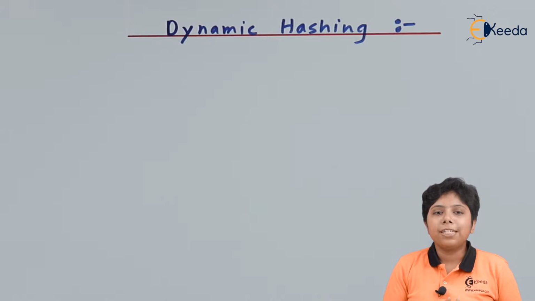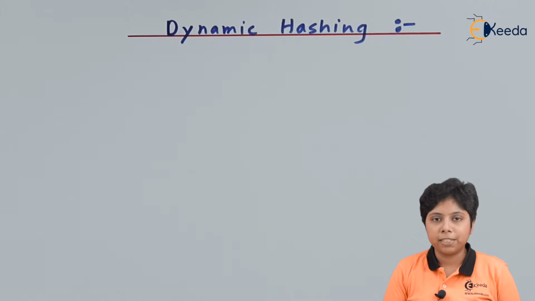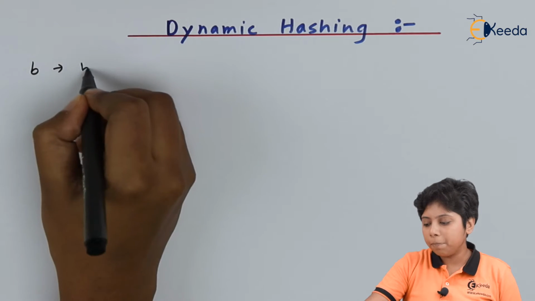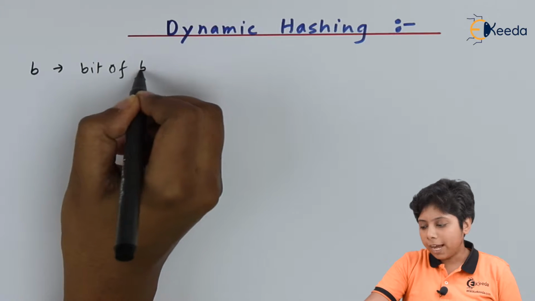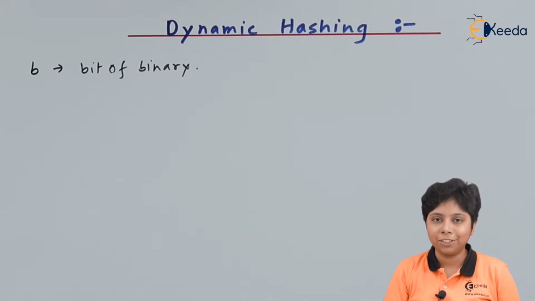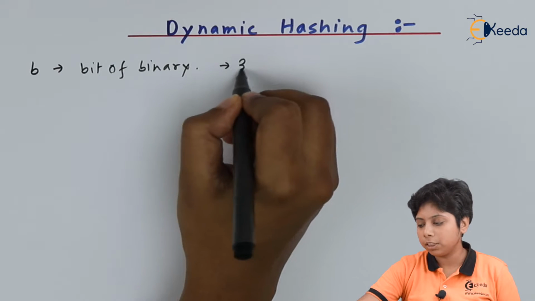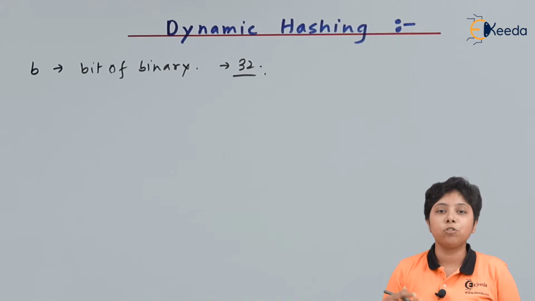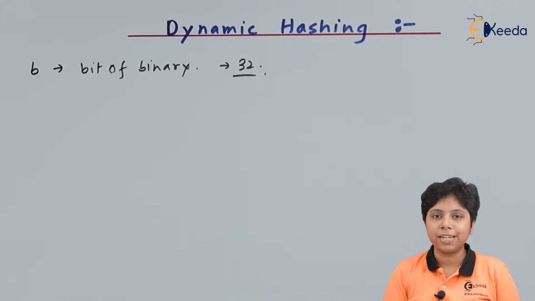Now, for general hashing on an extensible basis, we use some notation. We use B as the number of bits of the binary value. Generally we consider extensible hashing for a large number of stored records, and B can be up to 32. So we can have 2 to the power 32 entries, which is more than 4 billion, that we can accommodate in a single extensible hashing structure.